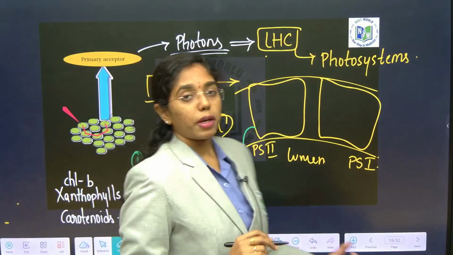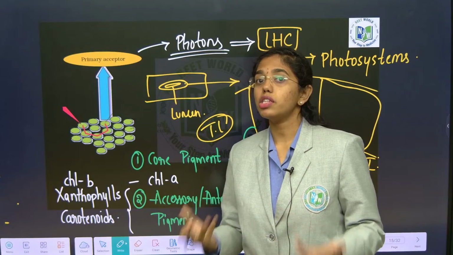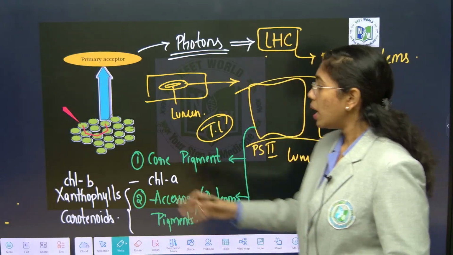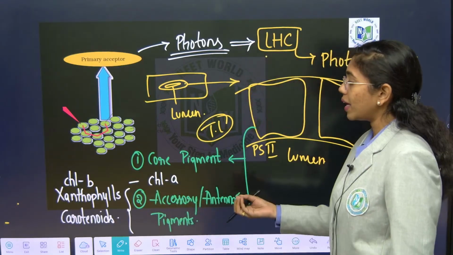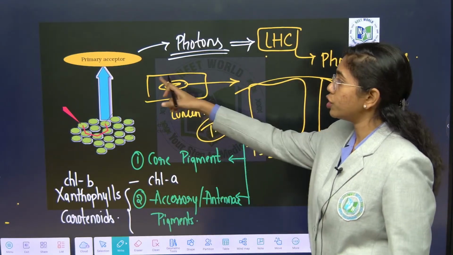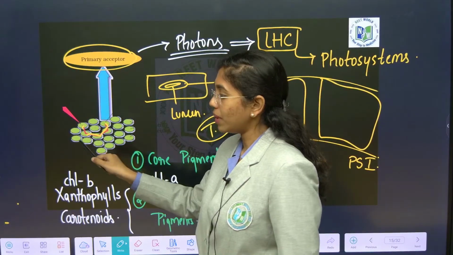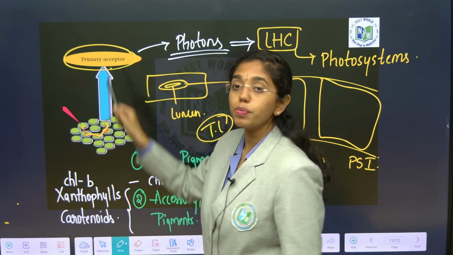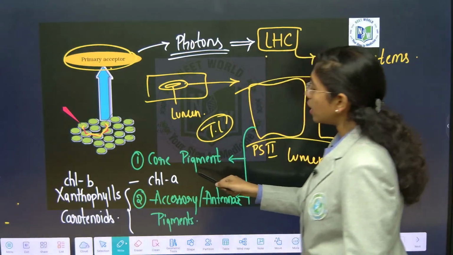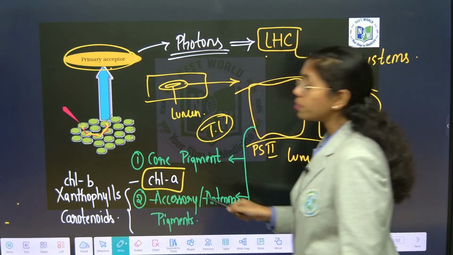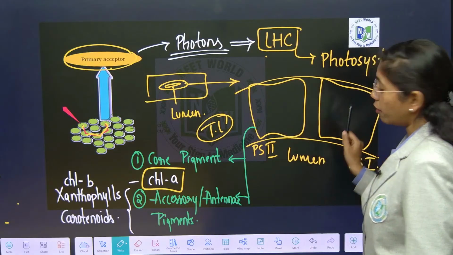Accessory or antenna pigments absorb light at diverse wavelengths. The light absorbed by them is excited and transmitted to the core pigment, the reaction center, which is chlorophyll A. The maximum wavelength of chlorophyll A varies in the two photosystems.